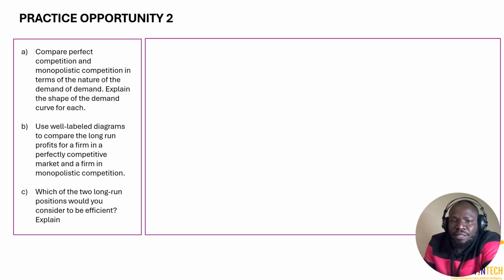On the next question, we are asked to compare the monopolistic competition and perfect competition demand curves for these two, and explain the shape of the two. So let me do this. I'm going to put perfect competition here.